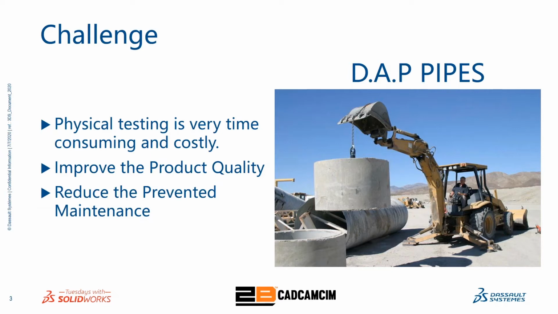The problem is that physical testing will consume more time, because as you can see in the picture, the mechanism is big. If you want to build a prototype, it will consume a lot of time and a lot of money. Also, producing version 2 of your design will take a lot of time as well.